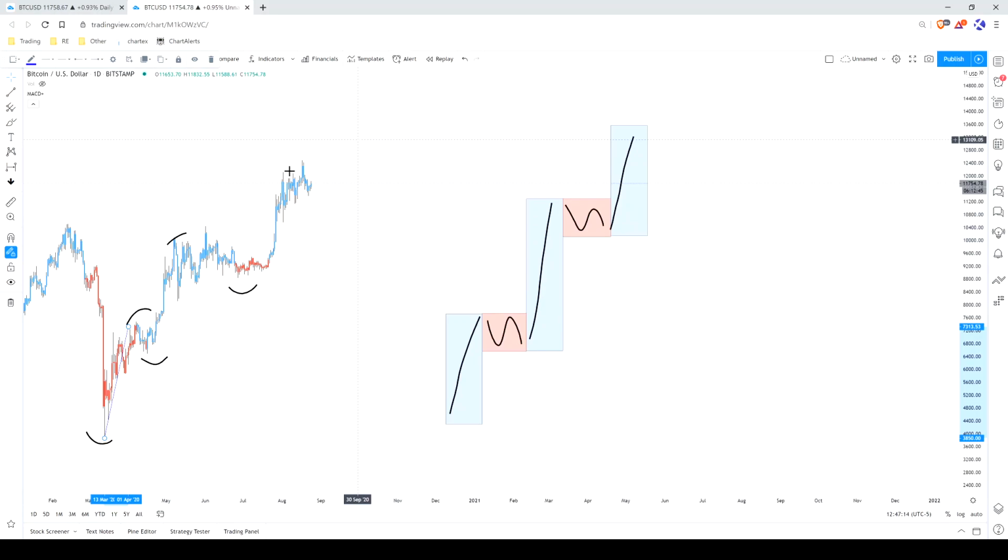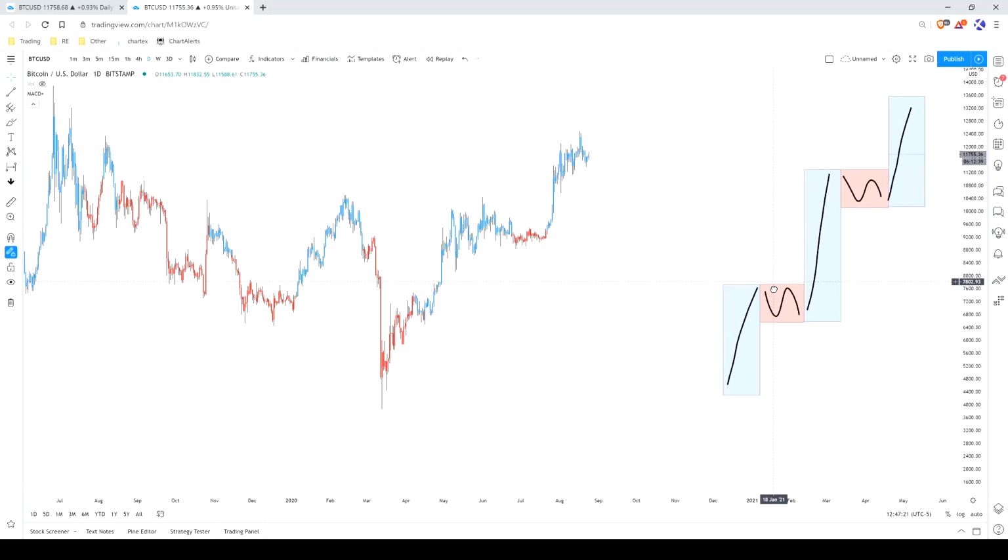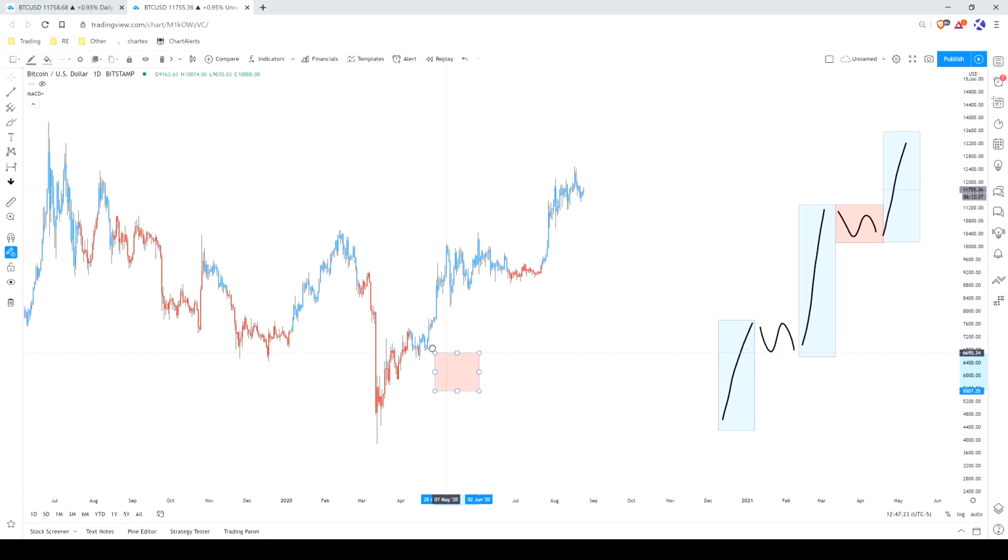Let's take some of this off real quick. I'm going to overlap these for the sake of time. You see we had an impulse, a correction, another impulse.